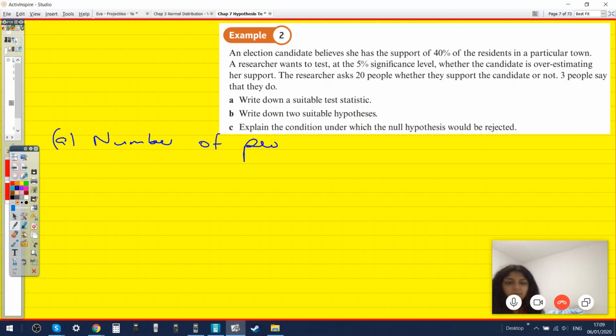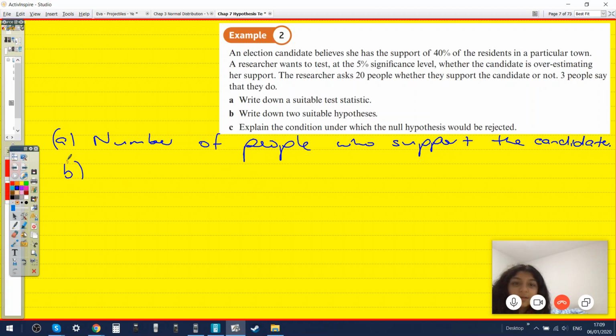Yes. Okay, B. P is equal to 0.4. And then the other hypothesis, P is less than 0.4.